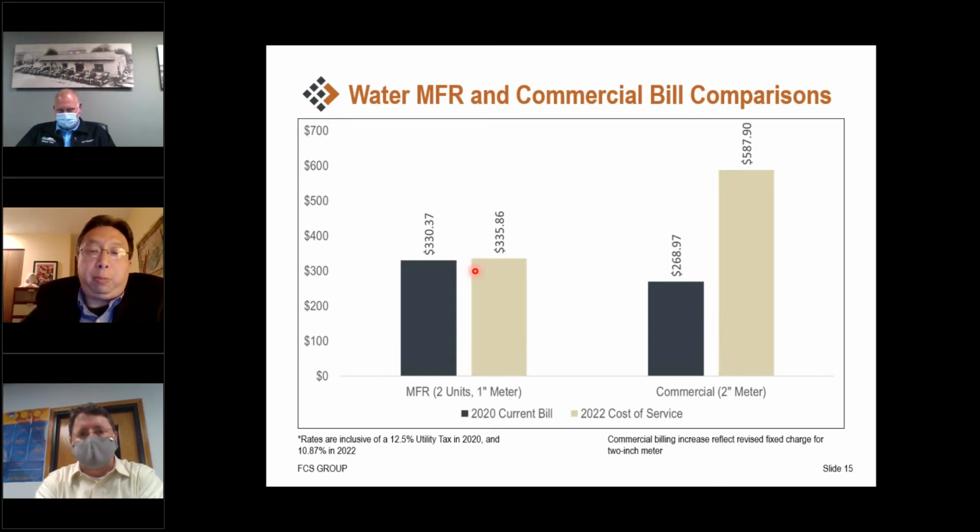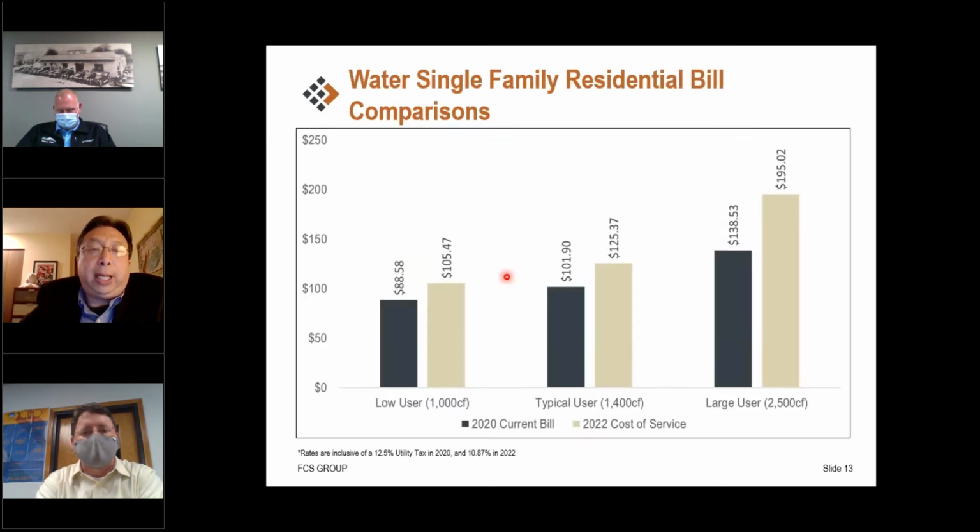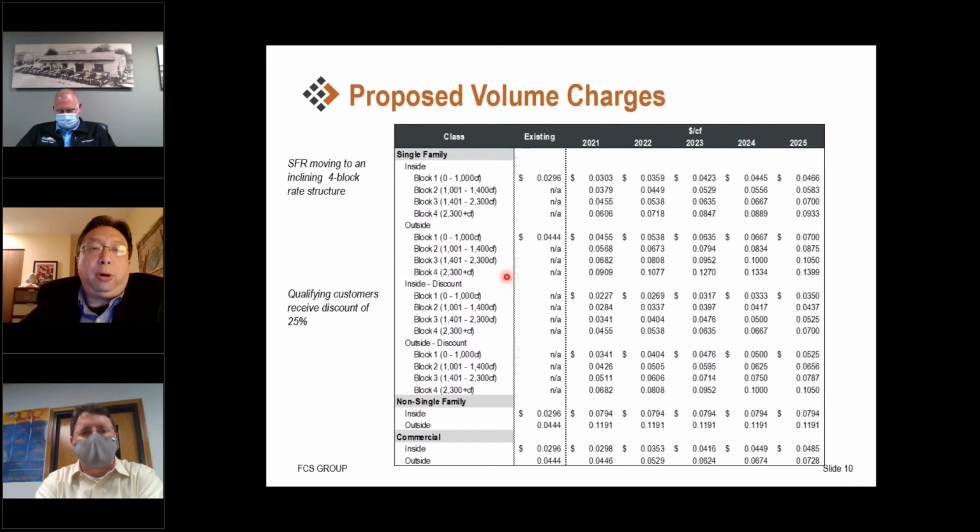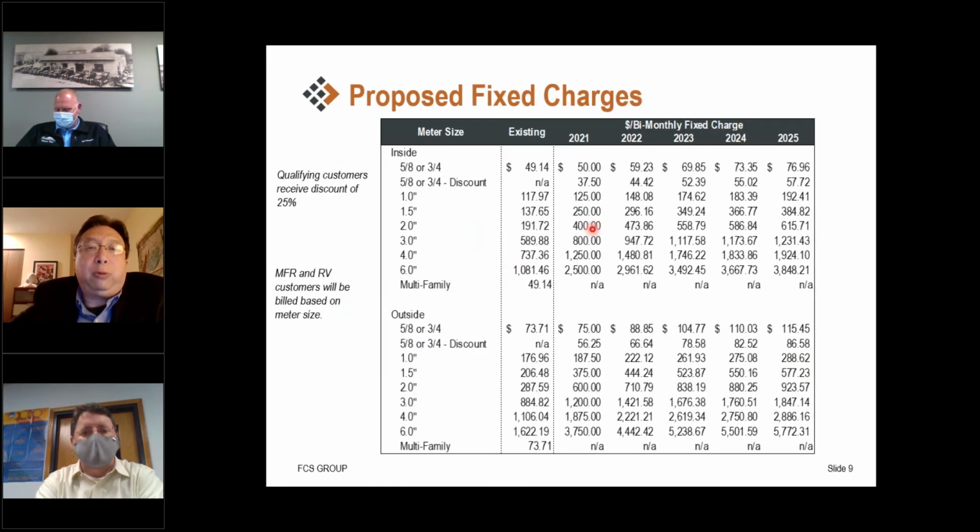Again, part of this reflects the billing for that multifamily customer, for example, under a 1-inch meter, they're going from a $49 charge to about a $125 charge.